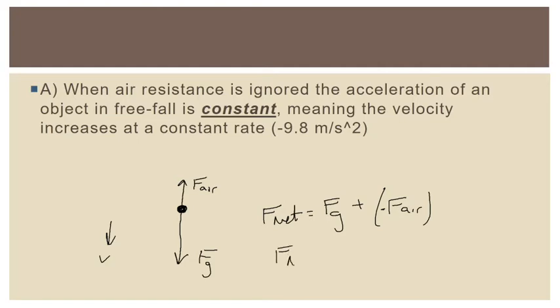That means that the net force in this situation is actually going to be less than Fg. And since forces cause acceleration, that means the acceleration is going to be less than the acceleration due to gravity in a situation where there's air resistance.